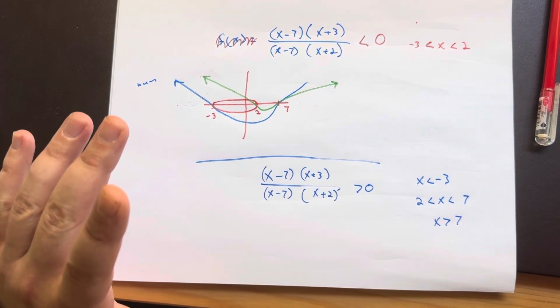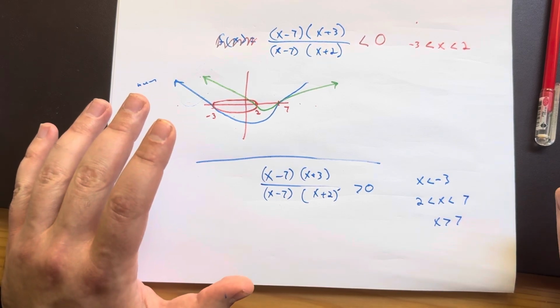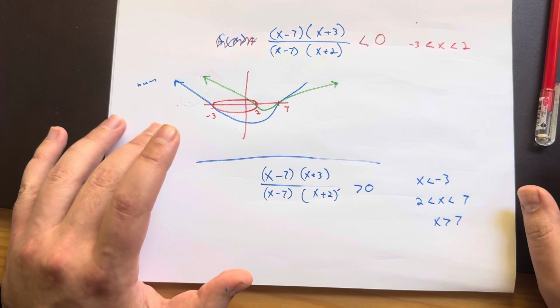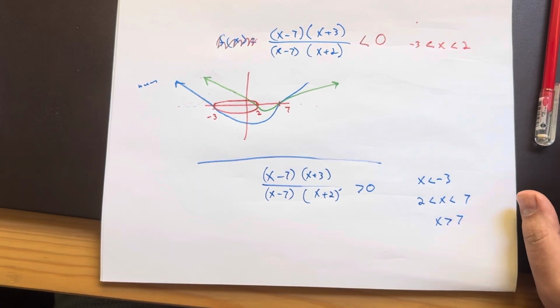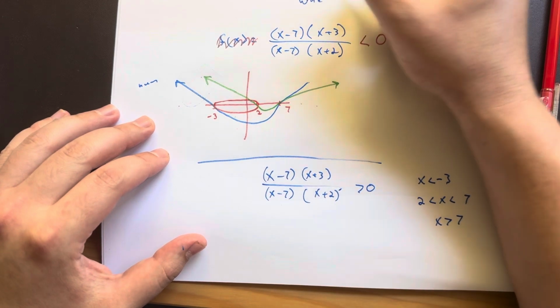So this is just a cute little summary of all the possible things that we know how to do with rational functions. That's why this video is so long. We figured out where my function will be positive or negative. That's what we did on this page.